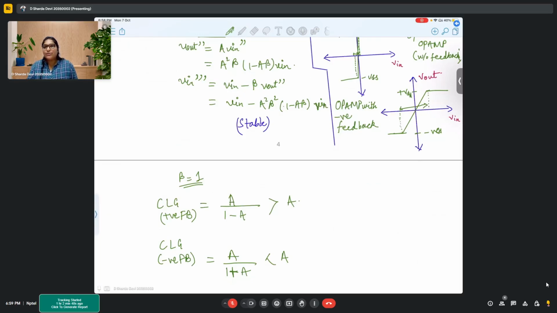This is similar to the swing analysis that we did. We said that our output should not be clipped, there should not be any distortion in the output, and based on that we found the swing. If you know the swing and you know the gain of your amplifier, then you can find the input range.